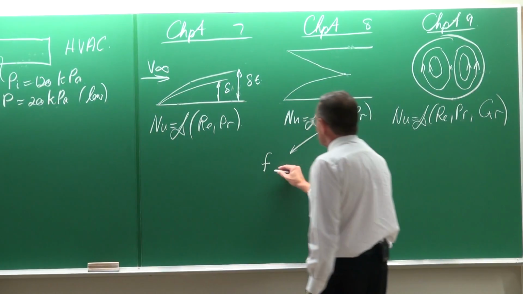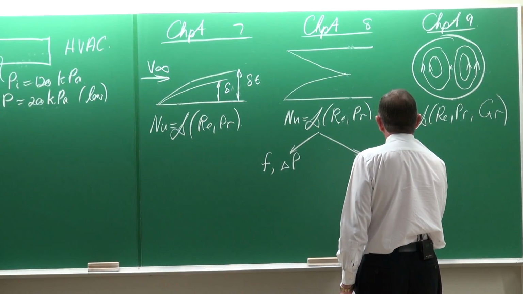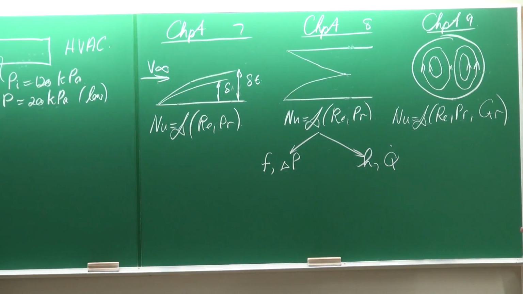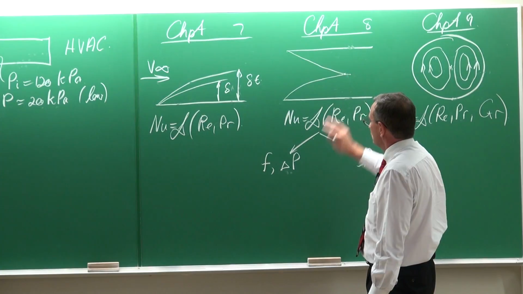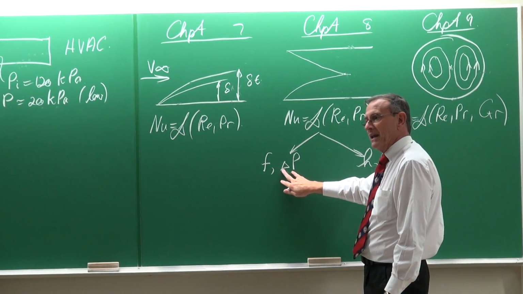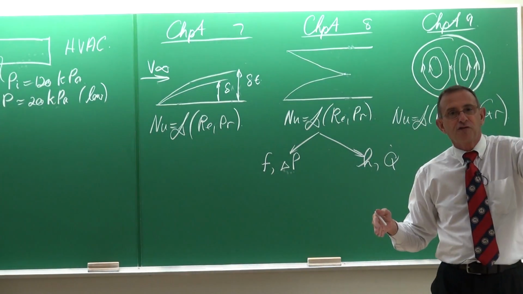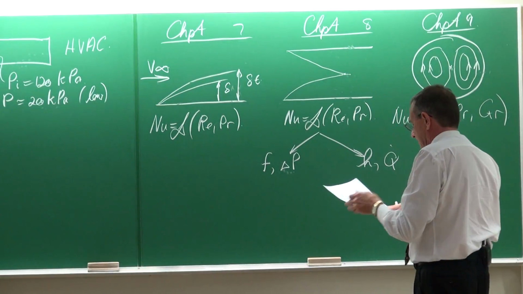The friction factors we need so that we can determine the pressure drop, and the heat transfer we require so that we can get the heat transfer rate. Normally the pressure drops with external convection and internal convection cost us money. Normally you need a fan or a pump to ensure that you've got flow through this geometry.